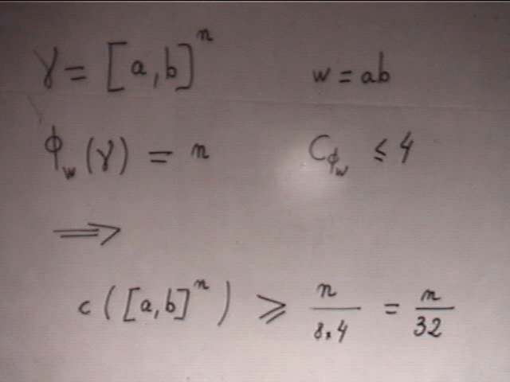But believe me, if you are just a little bit more clever, you get the exact bound, n over 2. So this is the general strategy. If you want to evaluate commutator length in a group, it's a good idea to try to build quasi-homomorphisms.